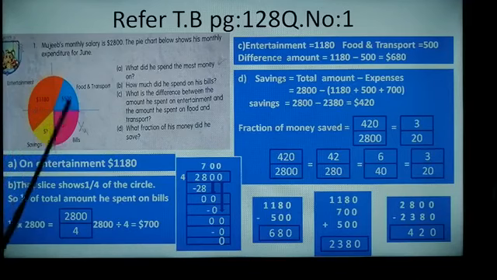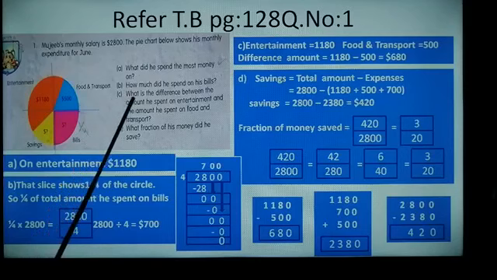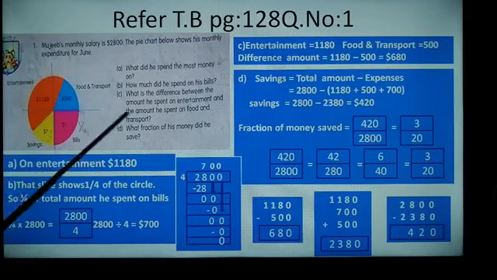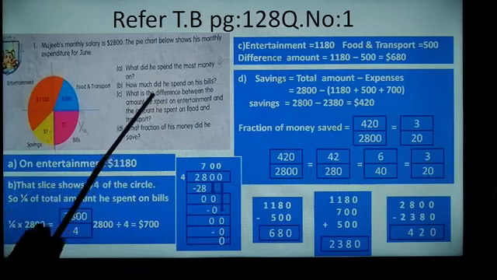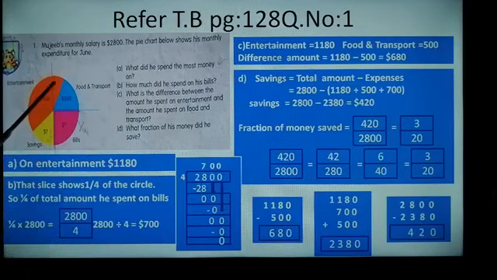Okay. Now question number C. What is the difference between the amount he spent on entertainment and the amount he spent on food and transport? What is the difference? You have to find out the difference between the amount he spent for entertainment and food and transport. The color orange and blue. You can see this difference we have to find out.